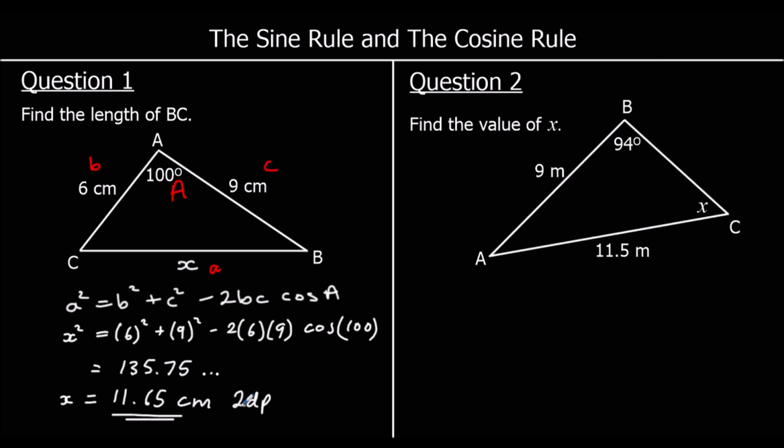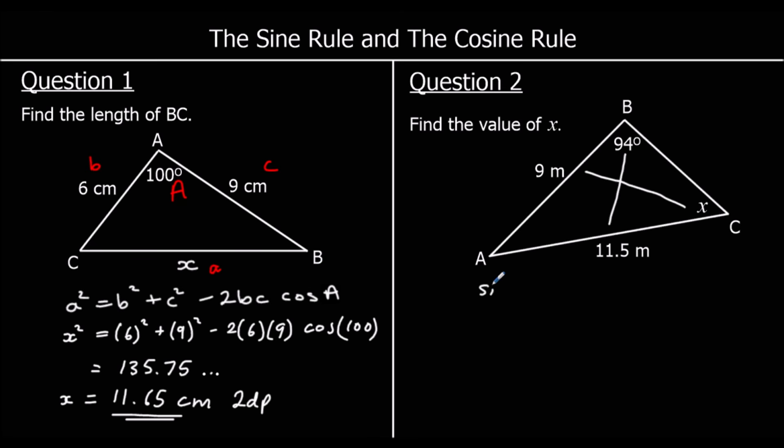For question 2, we have opposites. So x is opposite 9, 94 degrees is opposite 11.5. So we can use the sine rule, and we're finding an angle, so we're going to put the angles on top.